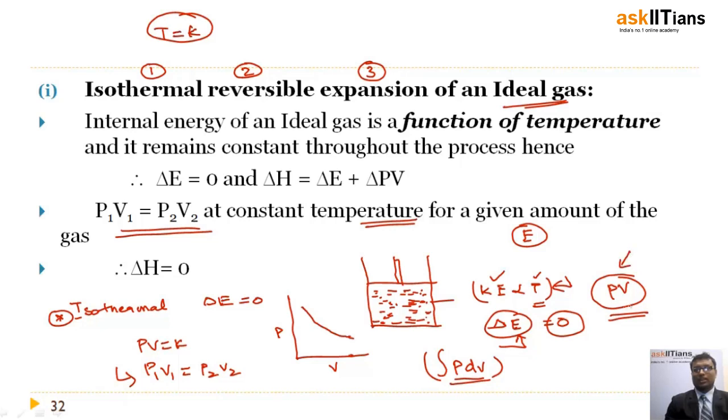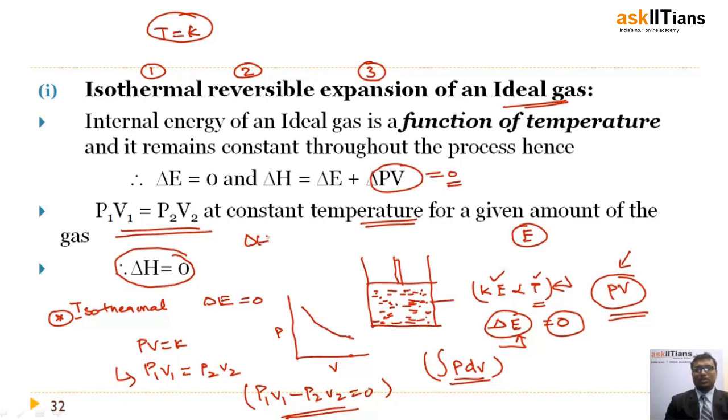It means that P1 V1 minus P2 V2 will be 0, right? So what happens, friends? The change in enthalpy will be 0. So in any isothermal reversible expansion of ideal gas, the change in enthalpy will be 0.